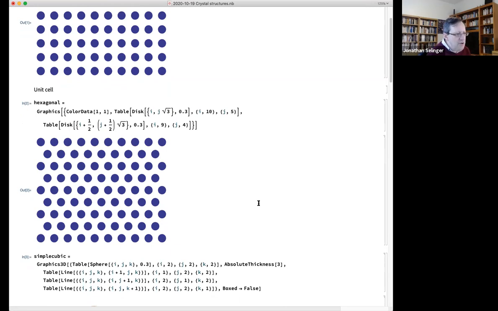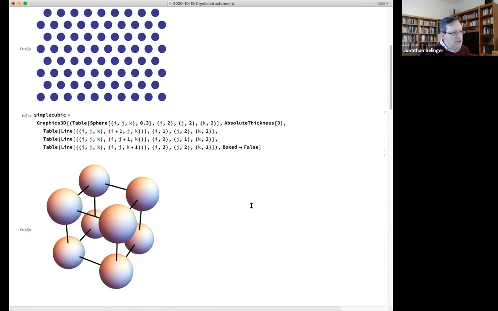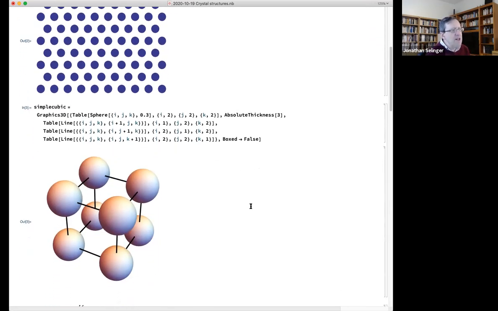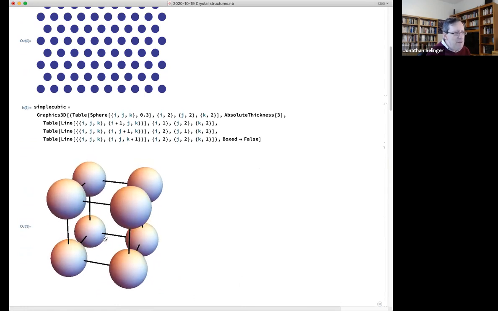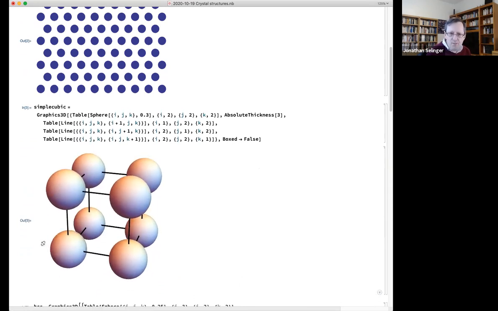Likewise, I will show you some three-dimensional crystal structures. Okay. This one is called simple cubic. It is, as the name suggests, just a simple cube, right? So here is a cubical unit cell, and it keeps repeating.